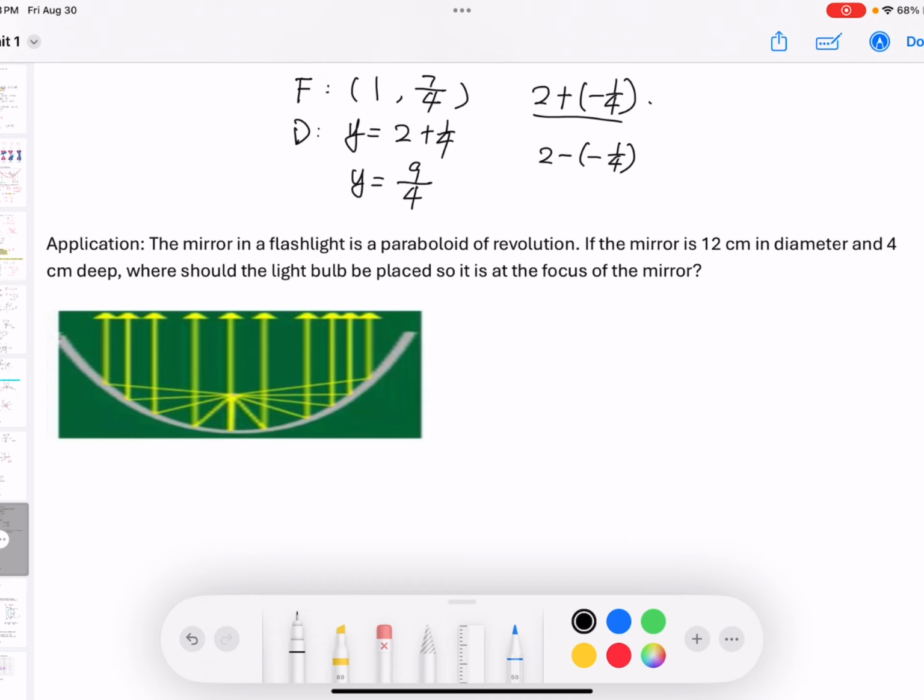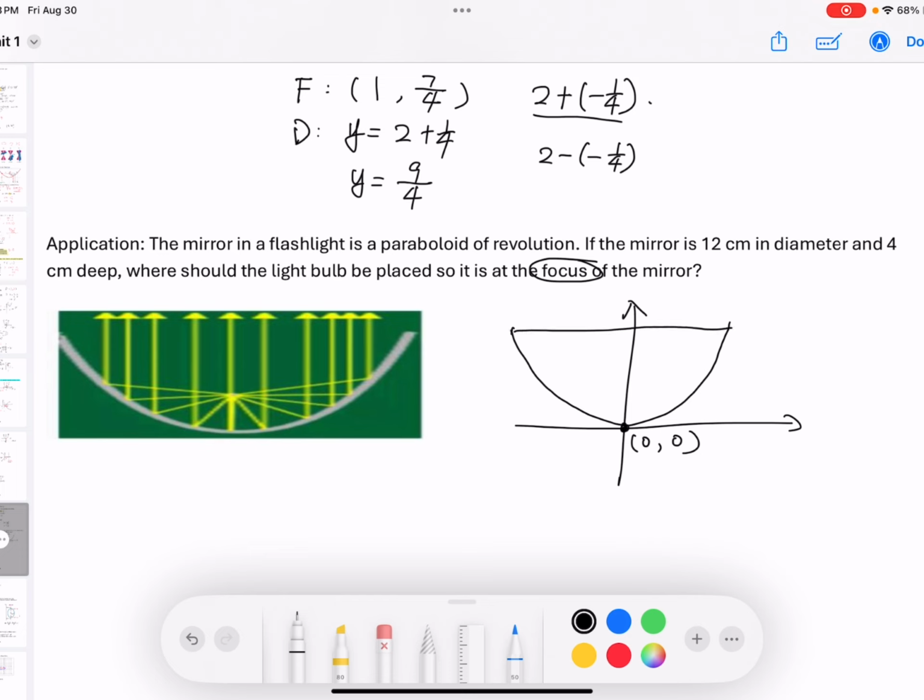So if we have our parabola in the standard form and let the vertex be at (0, 0), or we say the origin, and we say this is my parabola, and I want to find the focus of this parabola. I know the distance between the point and point, this is a diameter, is 12. So the half is 6.